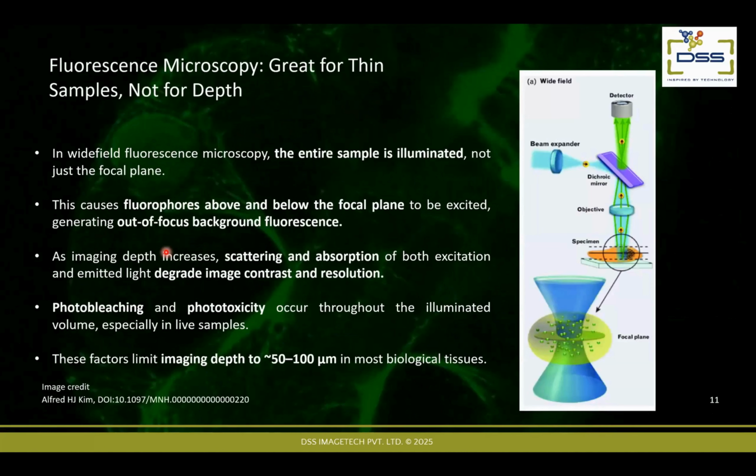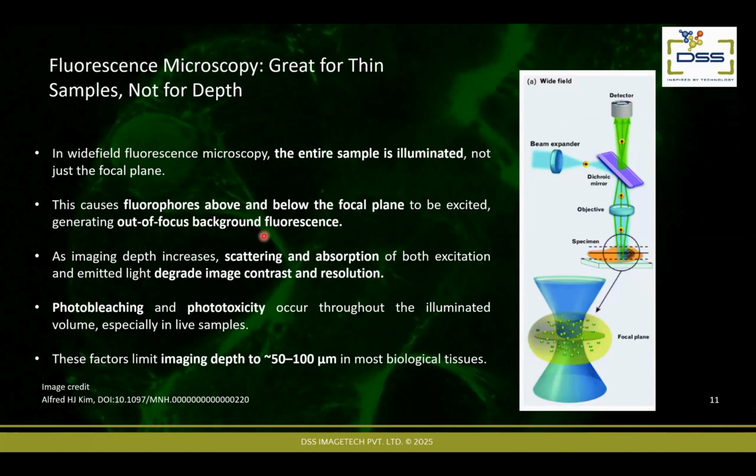Okay. So fluorescence microscopy is excellent for thin samples, but the problem arises when we are looking at depth. In wide field microscopy, the entire sample is illuminated. Just imagine that this is your tissue, and you're firing excitation light at it from a fluorescence light source; it excites the entire sample.